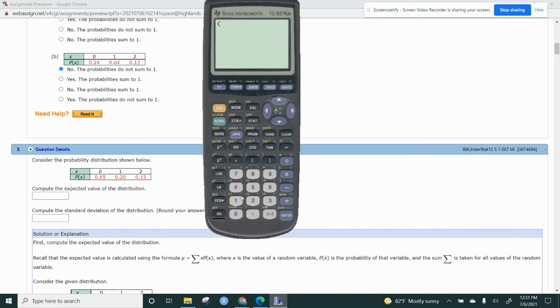So I'm going to do 0, which is X, times 0.65, plus 1 times 0.20, plus 2 times 0.15. And if I do that, my expected value, or my mean, is 0.5.